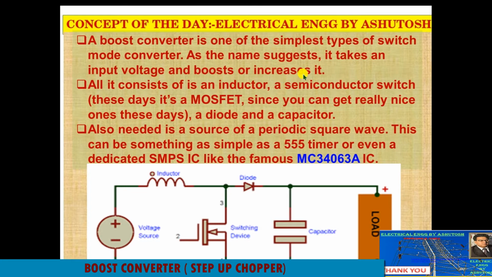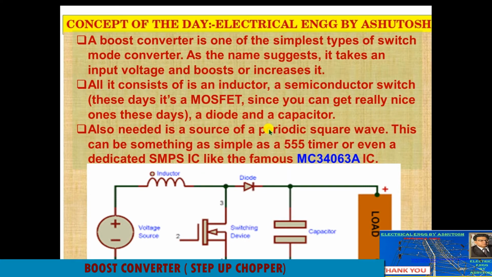So you can clearly see the voltage at the output is increased. All it consists of is an inductor, a semiconductor switch, these days a MOSFET, since you can get really nice ones and a MOSFET is a really fast switching device, a diode and a capacitor.